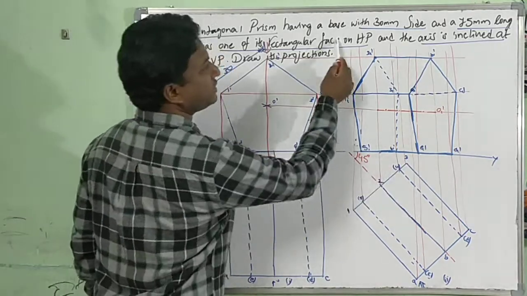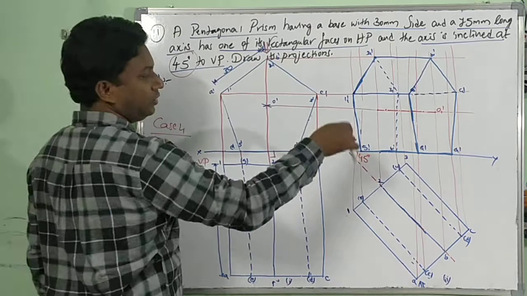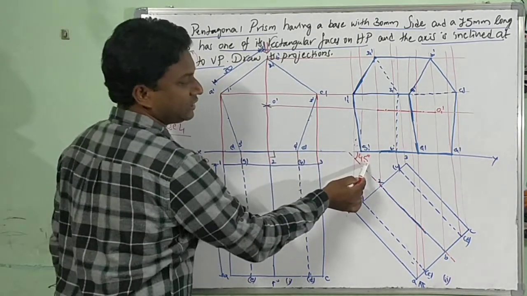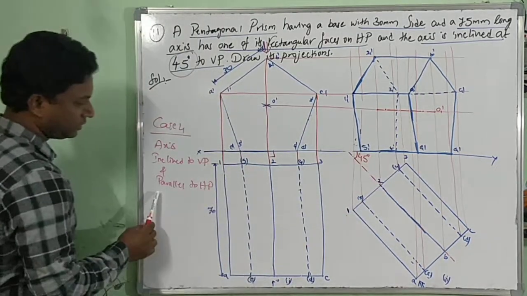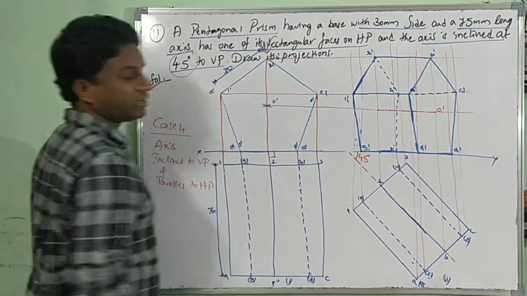One rectangular face on HP. Axis is inclined at 45 degrees to VP. VP inclination should be viewed only in the top view. Axis inclined at 45 degrees. With the axis, we are dealing with the axis parallel to HP. If you observe, this axis is above the XY line, parallel.